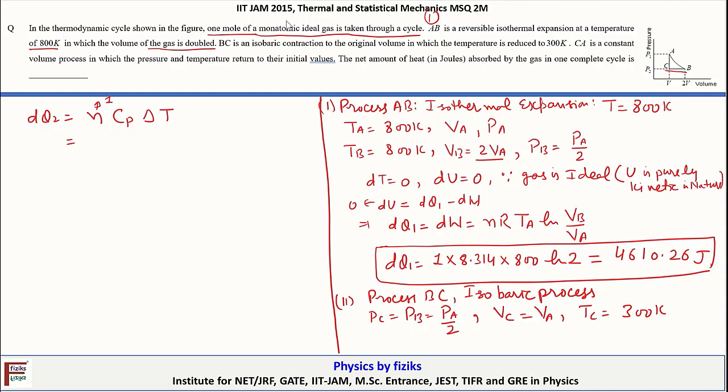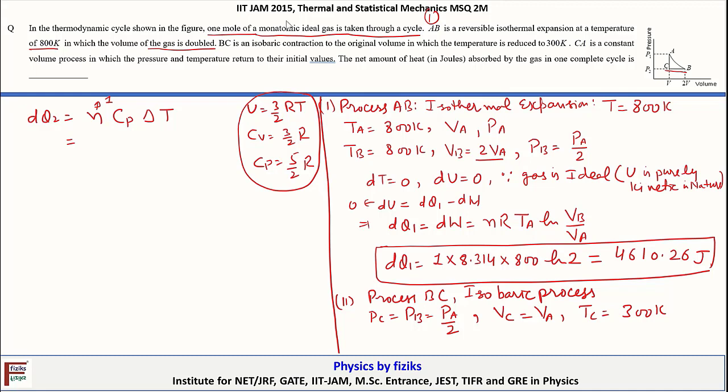Because we are given a monatomic gas, which has only 3 degrees of freedom, U will be 3 by 2 RT, and then Cv will be 3 by 2 R. Since Cp minus Cv is equal to R, Cp is equal to 5 by 2 R. You need this information at your hands, only then you can calculate the corresponding dQ2.